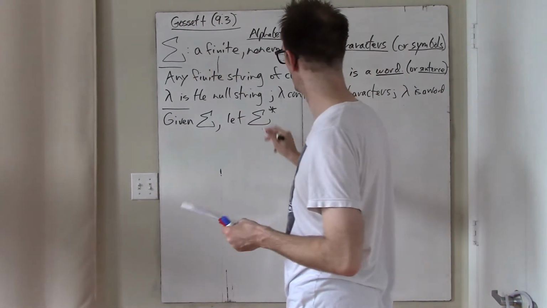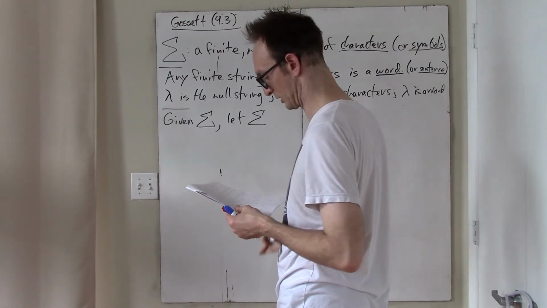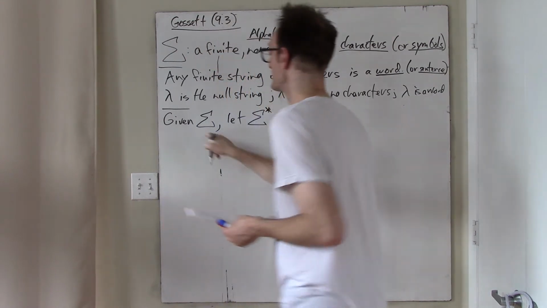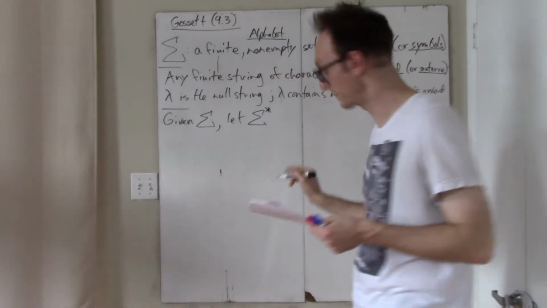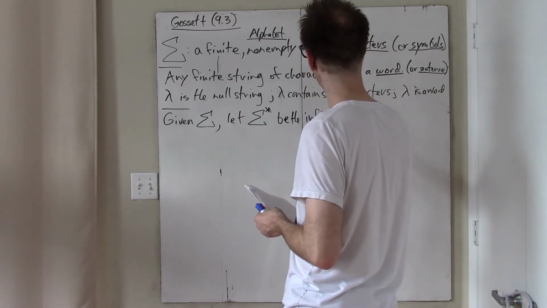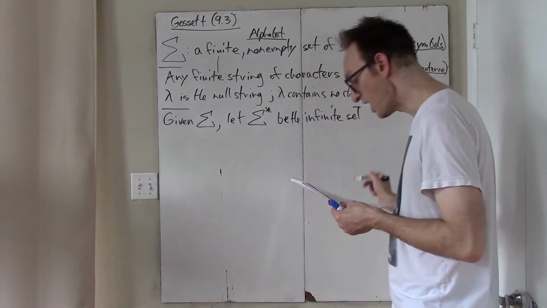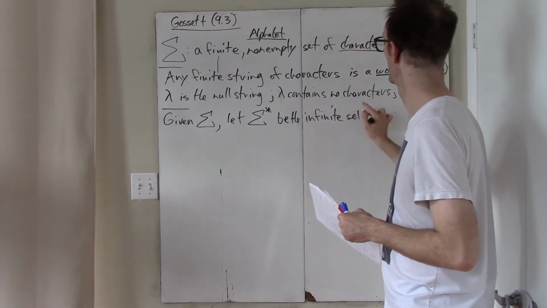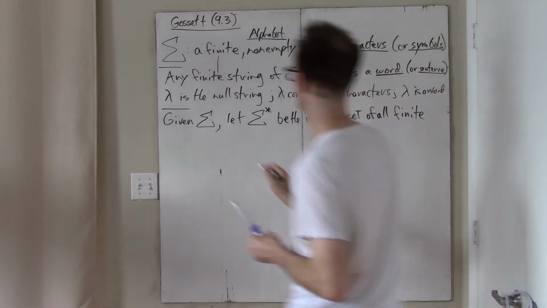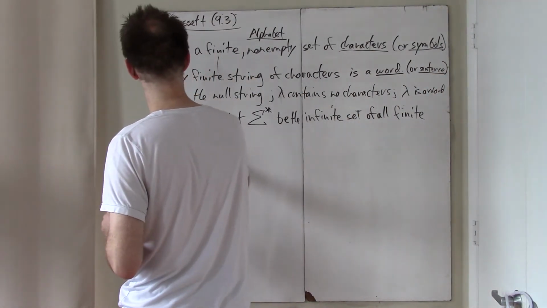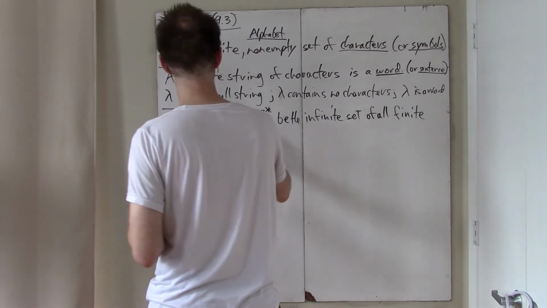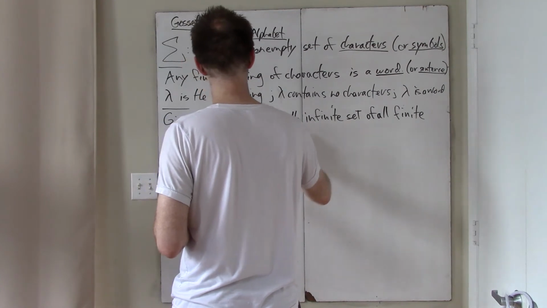Given some alphabet, let sigma star be the infinite set of all finite length words using symbols from that alphabet.